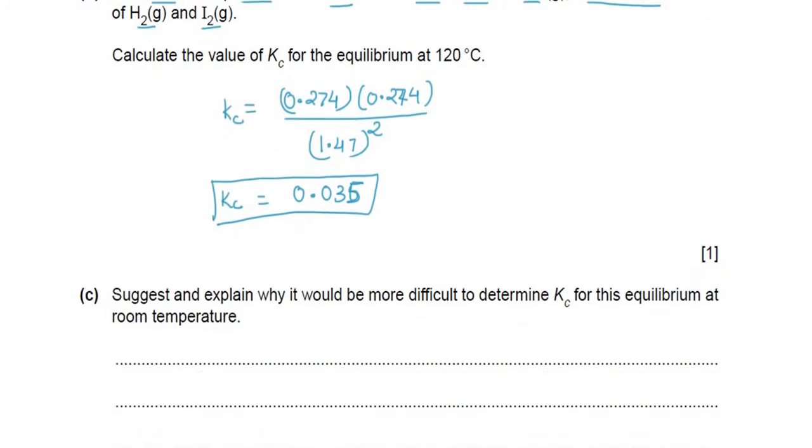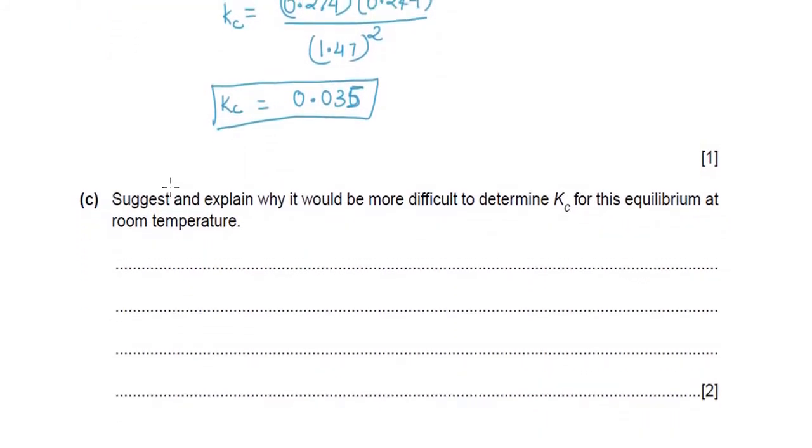The next sub question, it says suggest an explanation why it would be more difficult to determine Kc for this equilibrium at room temperature. Now we know that at room temperature iodine is solid. So Kc doesn't include solid iodine, so we can write that it's difficult because iodine is solid at room temperature.